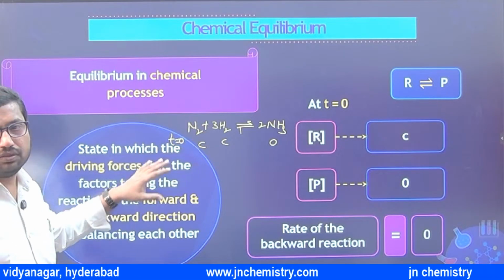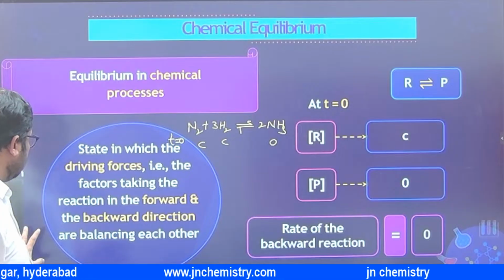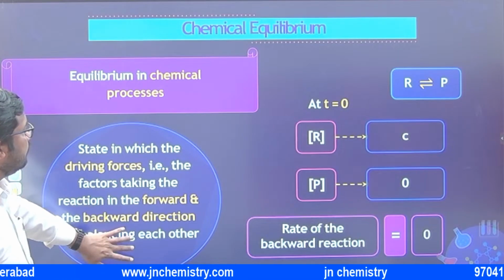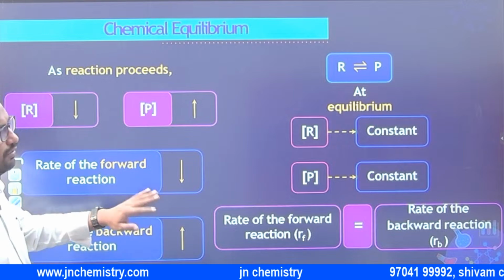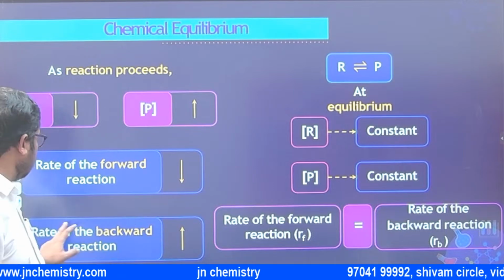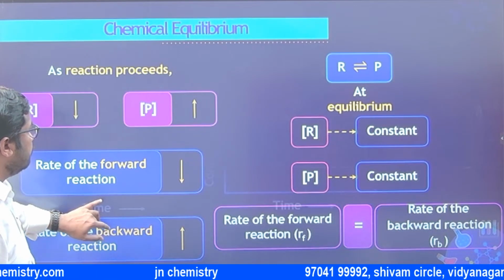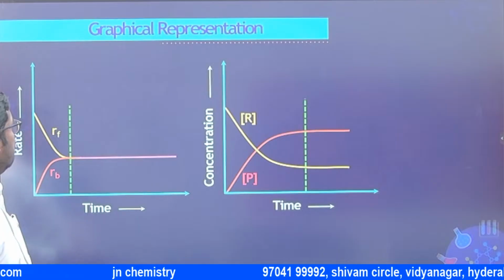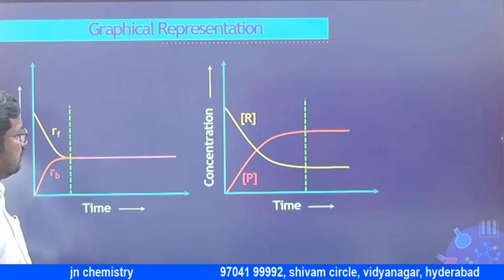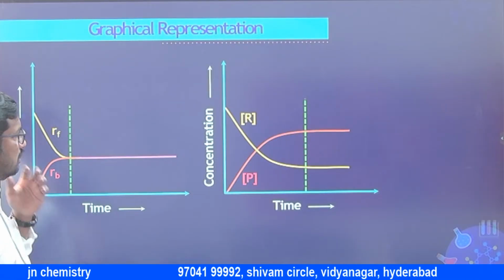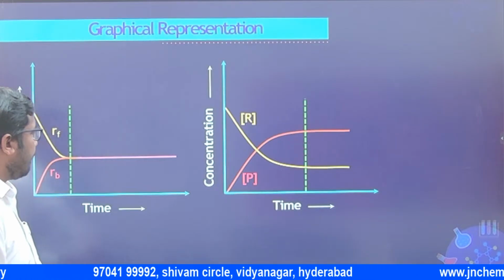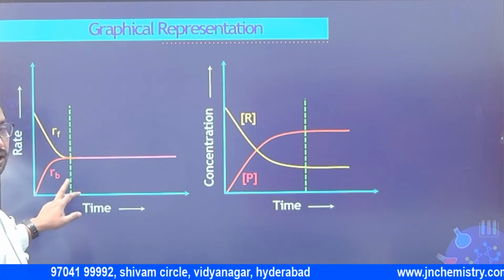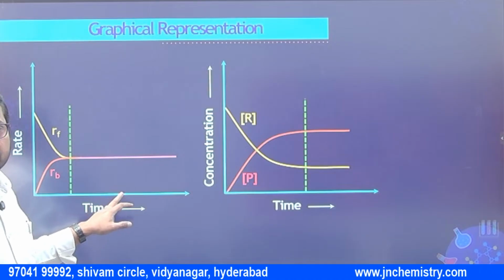They are not asking much more here. So rate of forward and backward, I'll discuss that, no need to write here. Right, Nana? The graphical representation is very important, Nana.